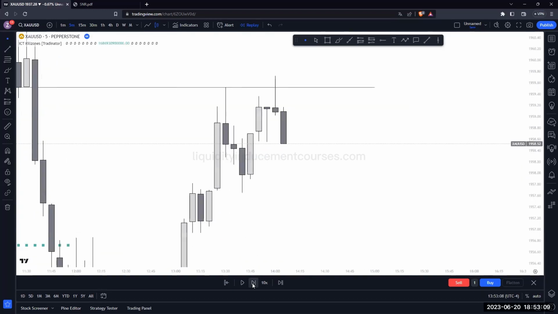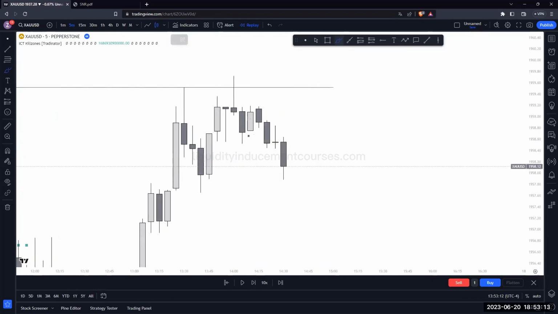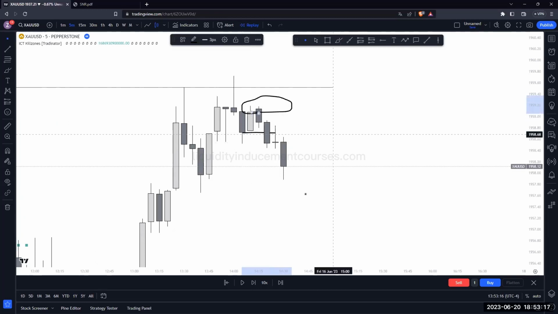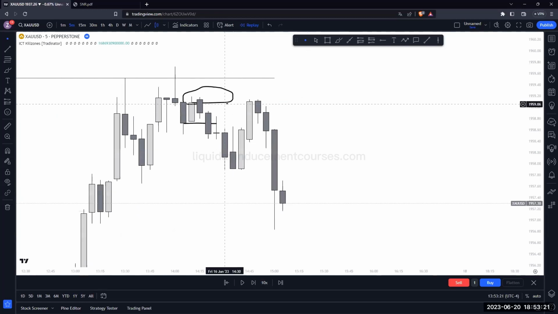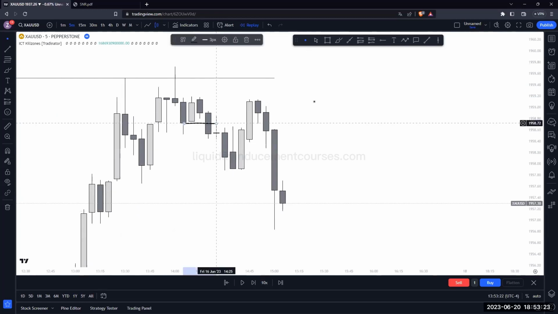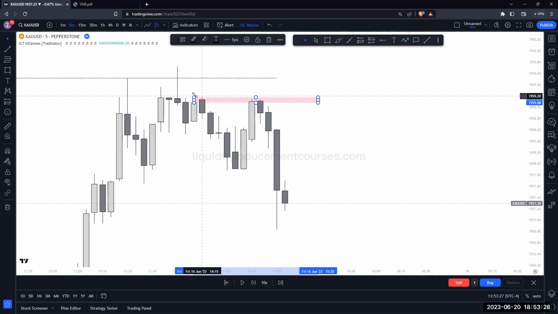No M5 breakout yet. Okay, you have an M5 breakout. Price wants to pull back here and then you sell. If it goes without you for more than like 15 pips, you don't want to take it anymore. It's not valid. And that would be your sell.